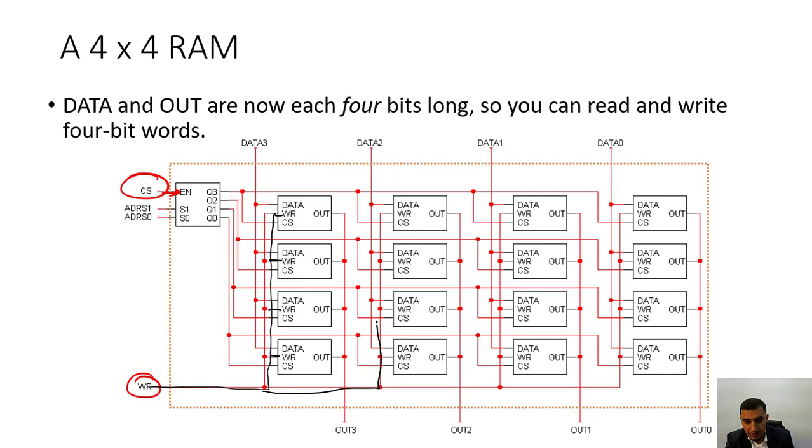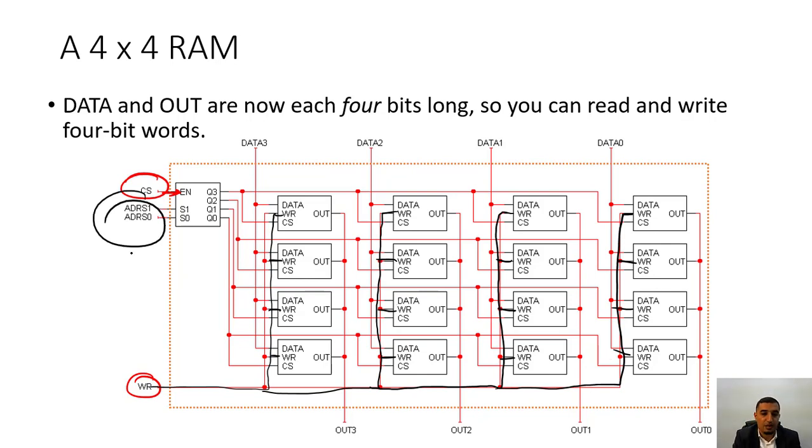Same applies for this line for WR here, here, and here. And over here it's the same story all over again, and finally we have it over here. You can see that WR is connected to all 16 cells. The address is still 2 bits. Now this is how to create a wider RAM.